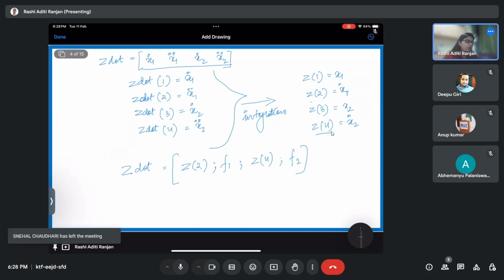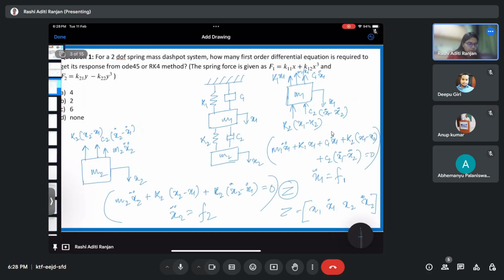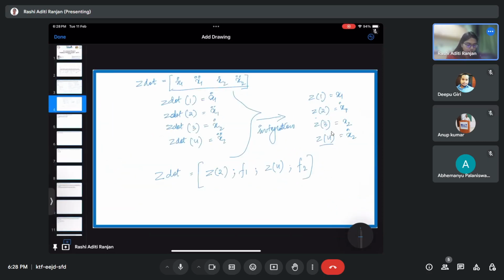So how many first order differential equations are required? 4. Simple. And likewise, depending upon the number of equations you have and the kind of differentiation you are having, you can find out how many you have to define. I hope this is clear to all. This was very simple.